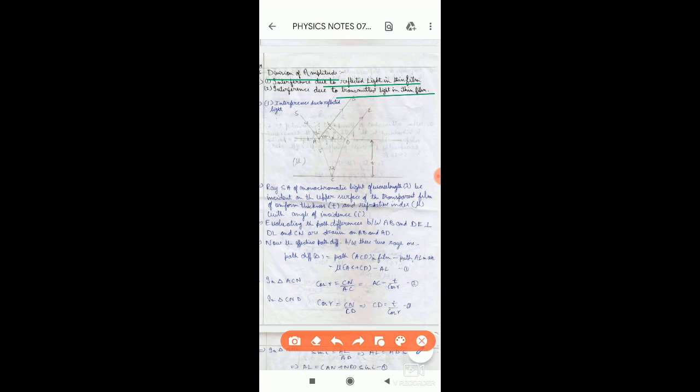Now the effective path difference between the two rays is the path ACD in the film minus the path AL in air, as shown in the figure.